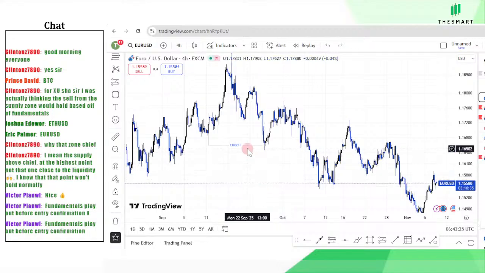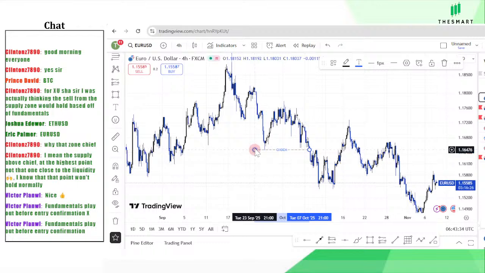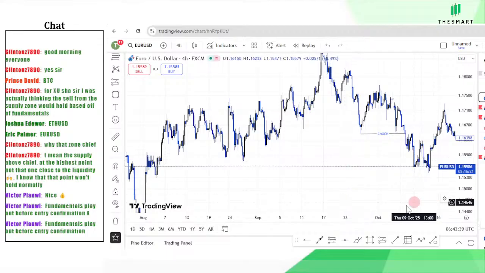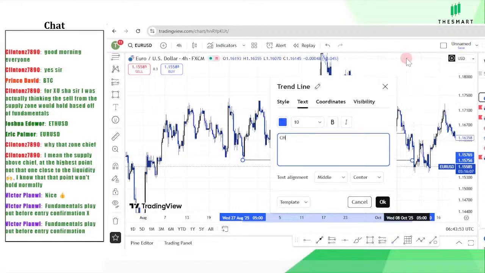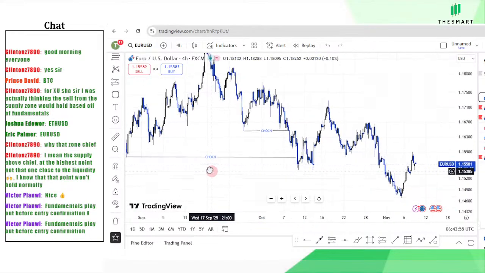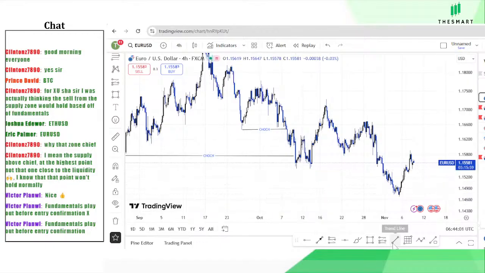Okay, that was a sweep. So we had a change of character on the 4 hours here. Now let's look at where we have the external low being taken out. Overall, this was where we had the major change of character for this trend at that level, followed by a break of structure at this level.